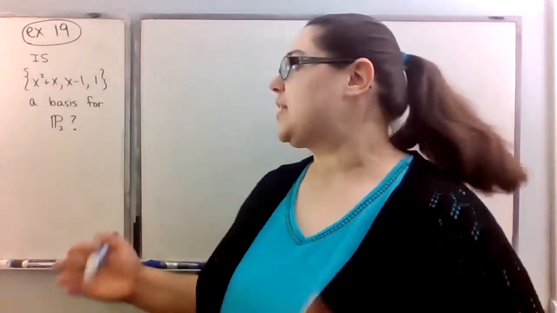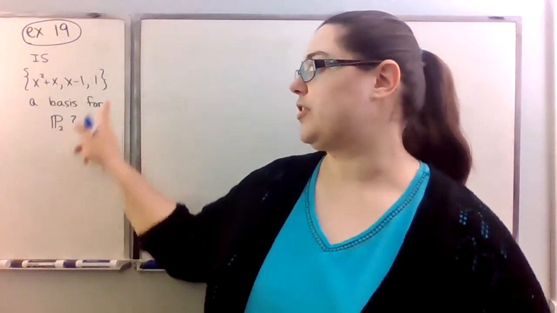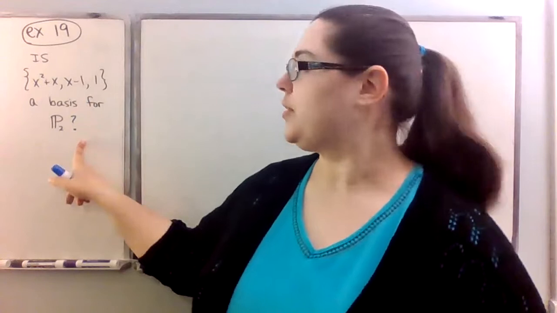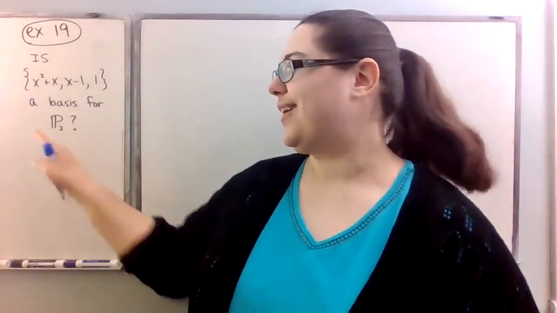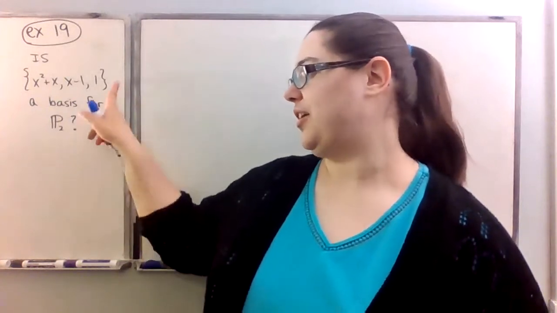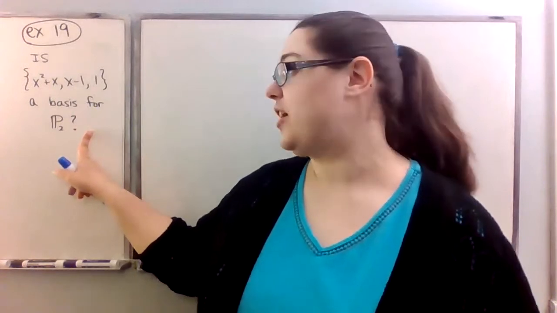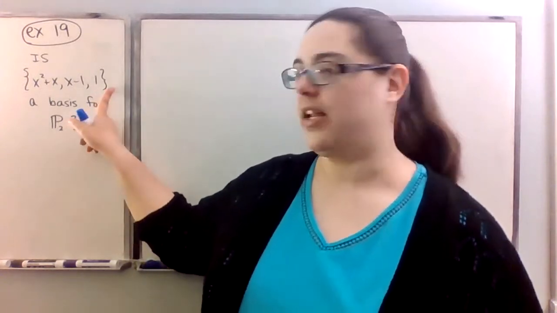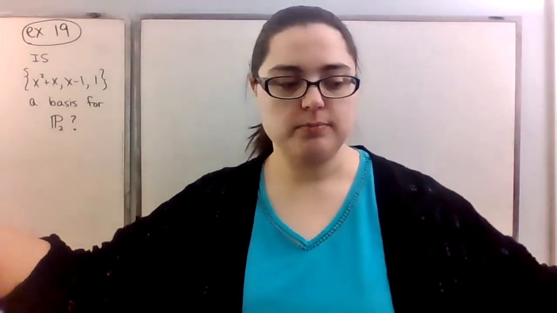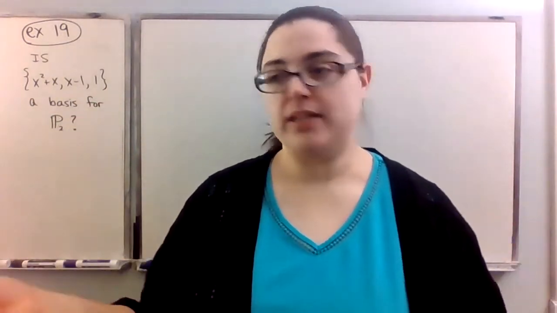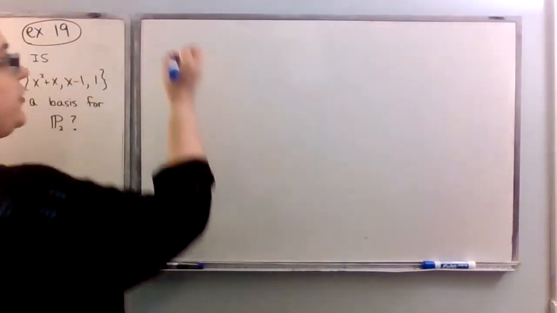So it's pretty clear that the span of the set is contained in P2, because it's going to be all degree 2 or lower polynomials. So we can already see that this set and its span is contained in P2. So really, to show that it's equal to P2, we just have to show that P2 is contained in here. In other words, if I give you any polynomial, we can find a way to express it in these three vectors. So that's going to be our first step.